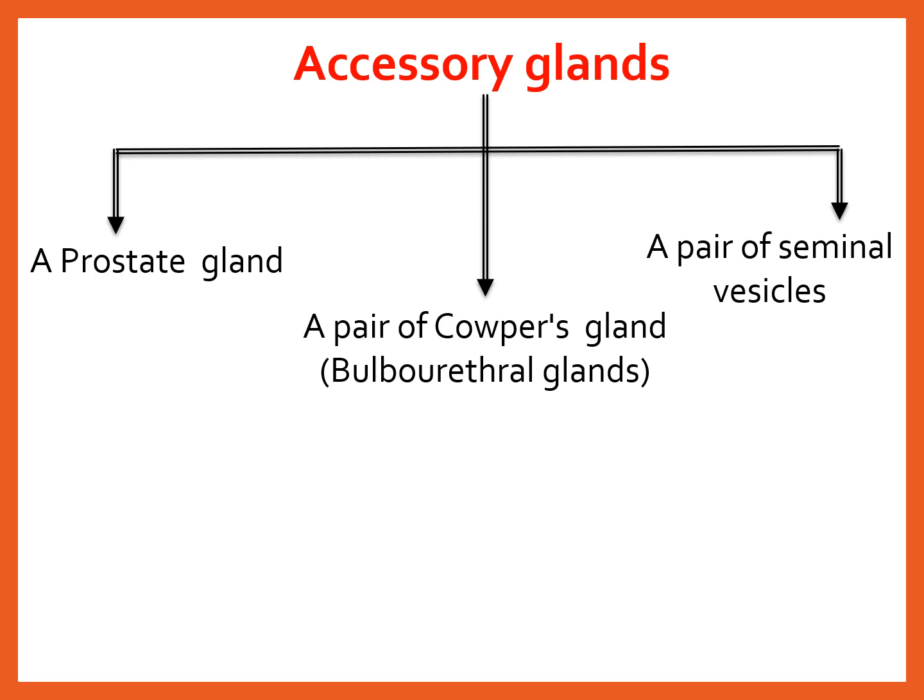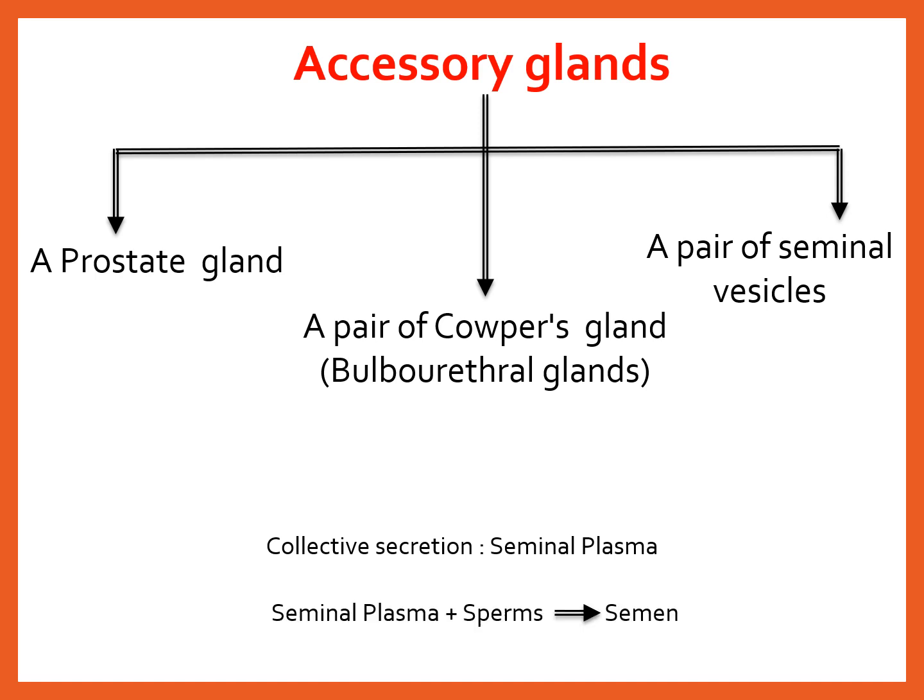It will help the female reproductive tract to contract so that it can help the sperm to meet the ovum in the oviduct. So the secretions of all these three are called the seminal plasma. The seminal plasma plus the sperms, both together, are called semen.